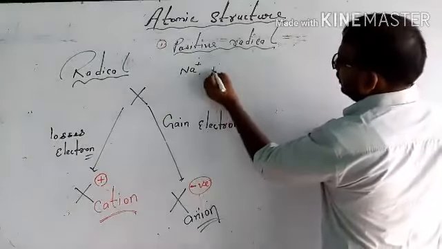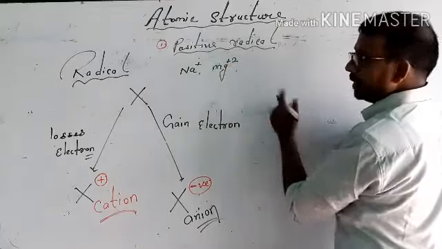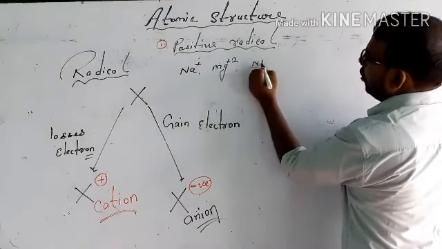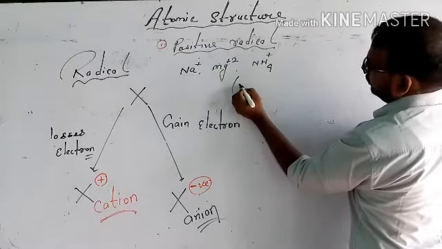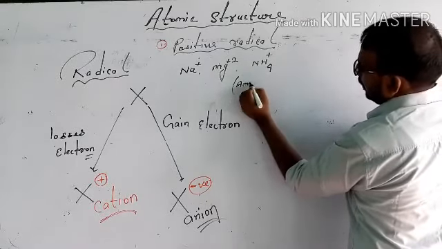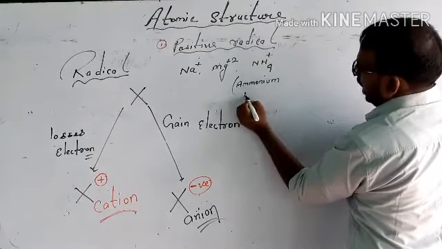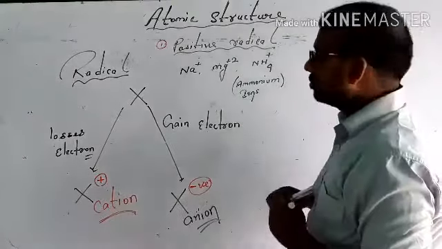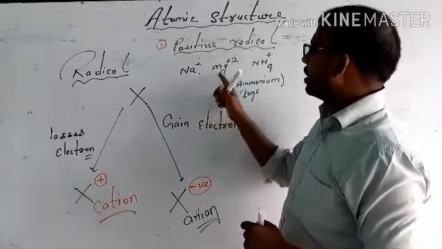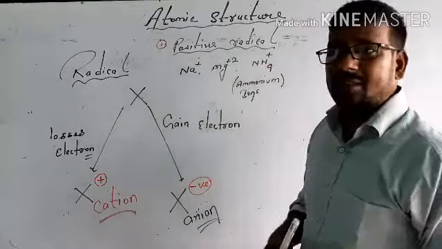Another example, magnesium 2 plus, and NH4 plus. What is the name of this compound? Ammonium ion. Na plus, Mg2 plus, NH4 plus.